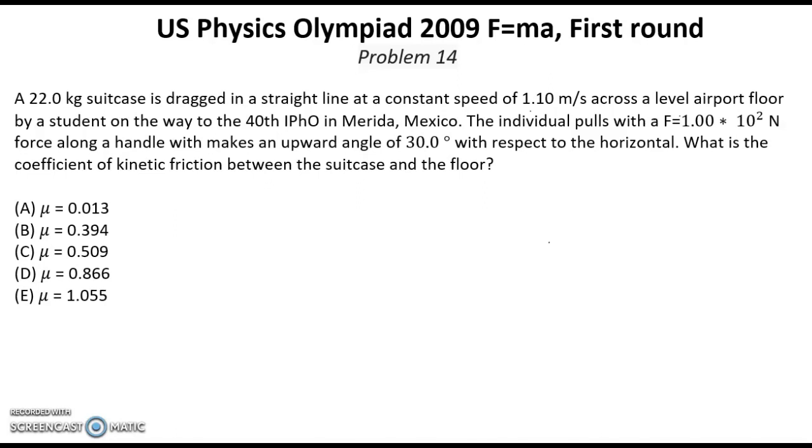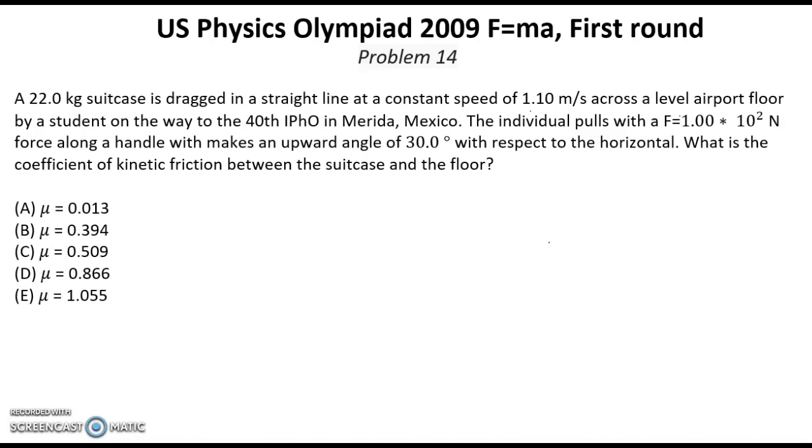The individual pulls with a force F equal to 100 newtons along a handle which makes an upward angle of 30 degrees with respect to the horizontal. What is the coefficient of kinetic friction between the suitcase and the floor?